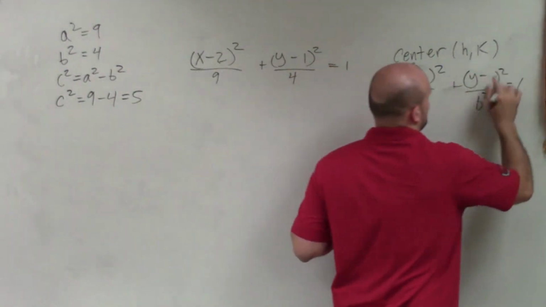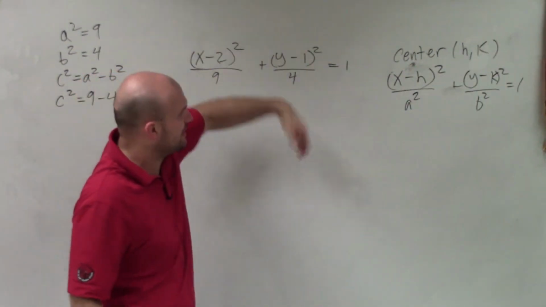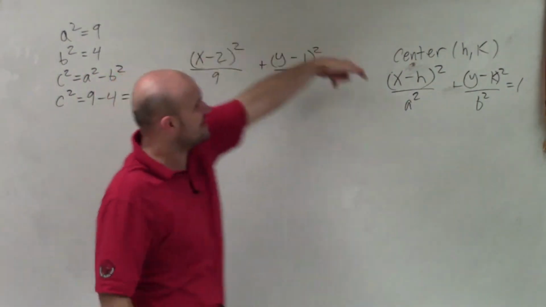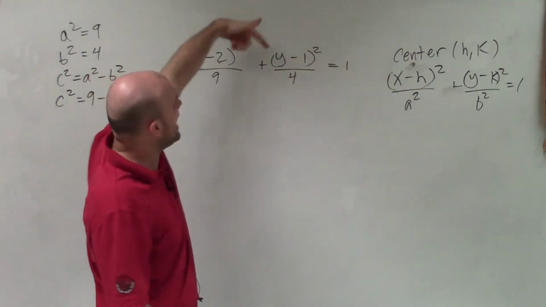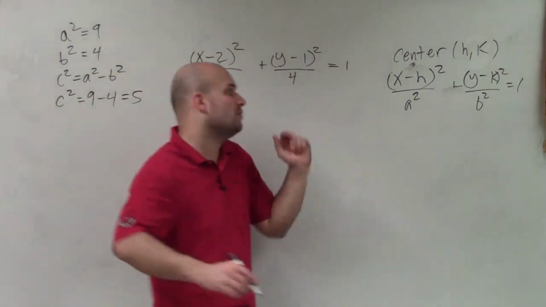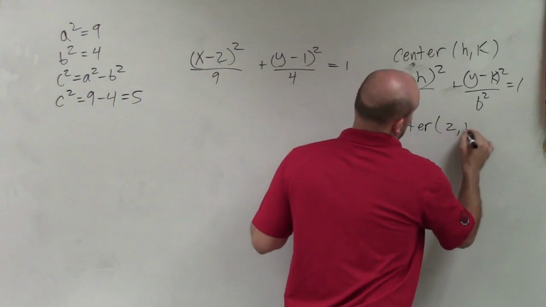Since you can see we have a -2 and a -1, remember, it's the opposite of h. So the opposite of -2 is going to be 2. The opposite of -1 is going to be positive 1. So therefore, I can say my center is (2, 1).